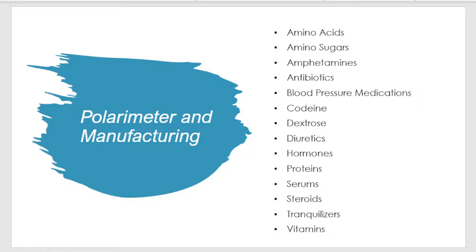Then diuretics. Diuretics are used in different applications, and lowering blood pressure is one of them. Polarimeters are used in the making of diuretics, testing hormones, proteins, serums, steroids, tranquilizers, and different vitamins. So polarimeters are commonly used when you're dealing with or manufacturing these.